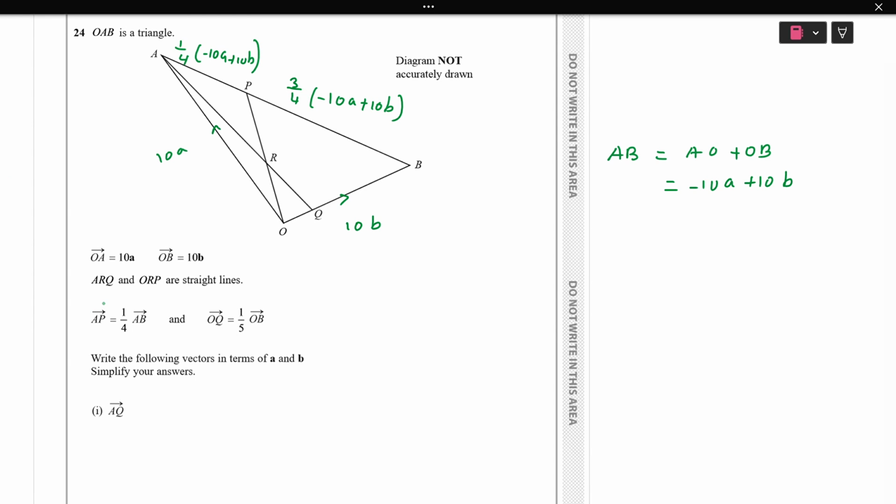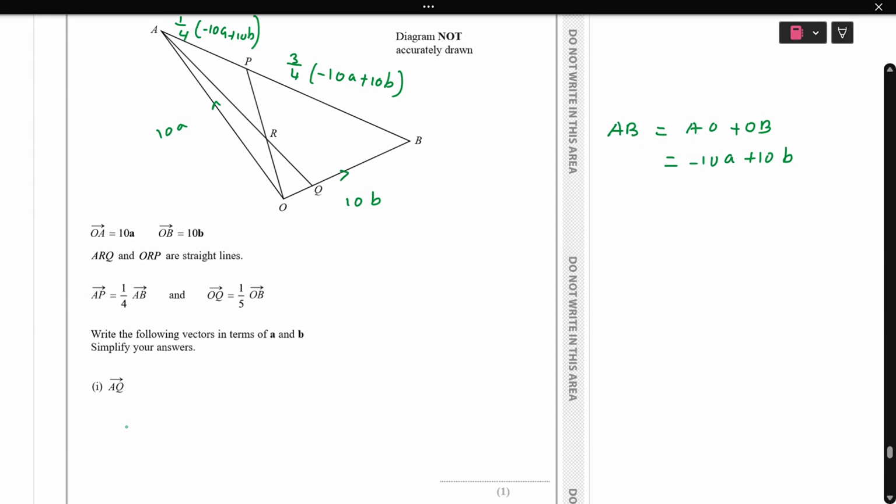Okay, so next, AQR and OPR are straight lines. First we need to find AQ. In the down part also we need to calculate OQ. OQ is 1/5 of OB. 1/5 of 10b is going to be 2b. Next, QB becomes 4/5 of 10b, which is going to be 8b.